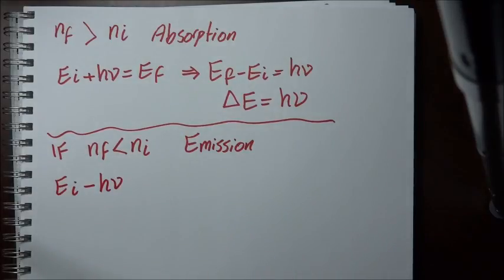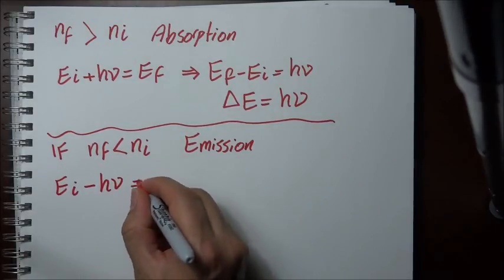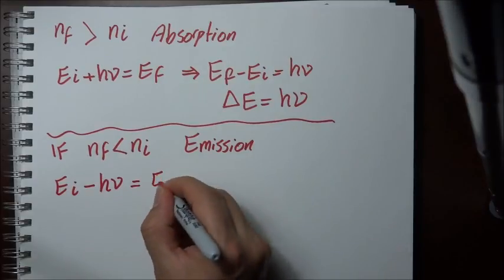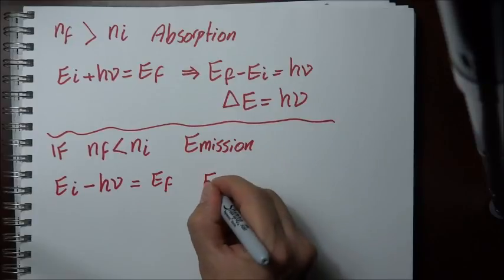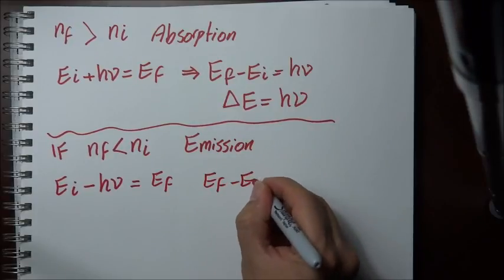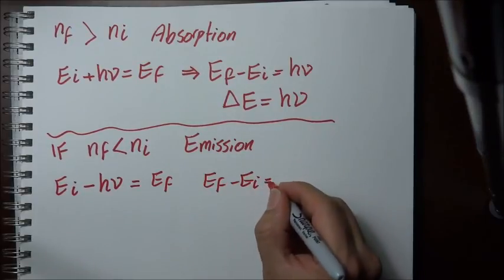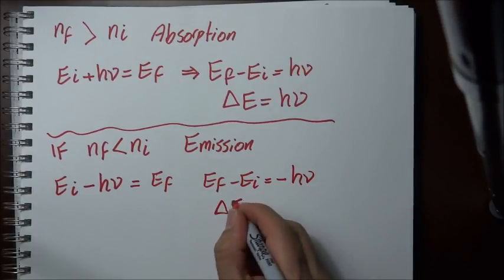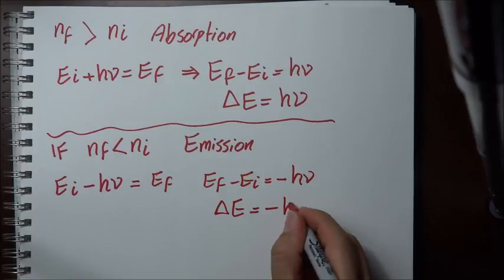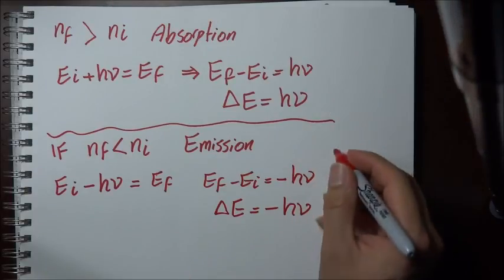That electron will lose some energy to get final energy of EF. So EF minus EI equal to minus h nu. So delta E equal to minus h nu.